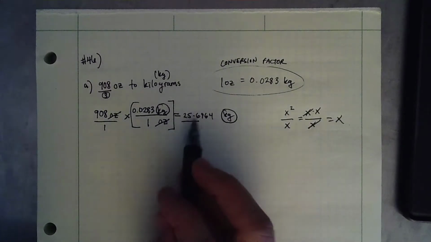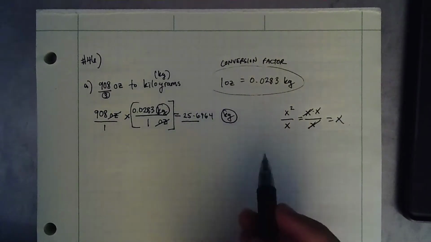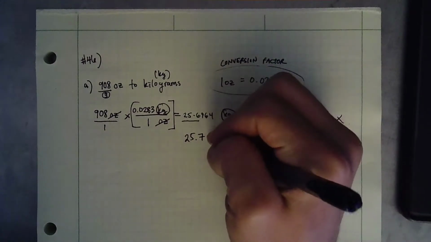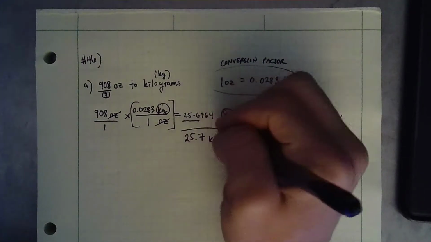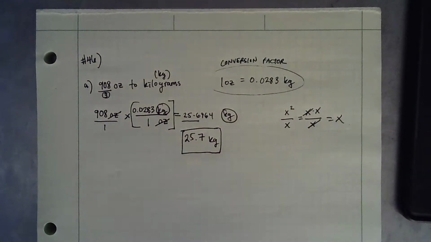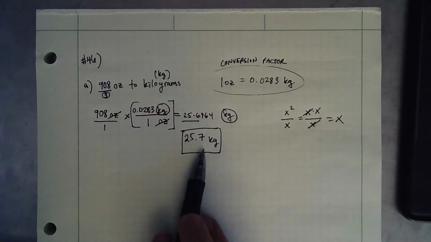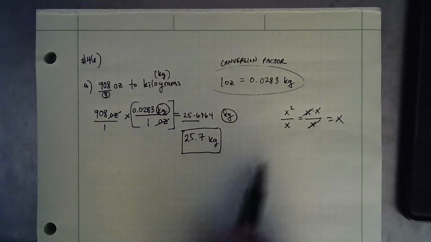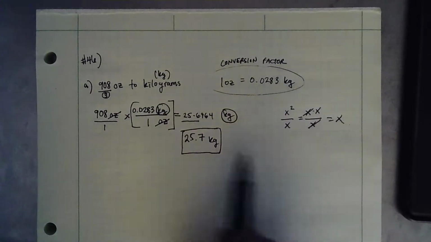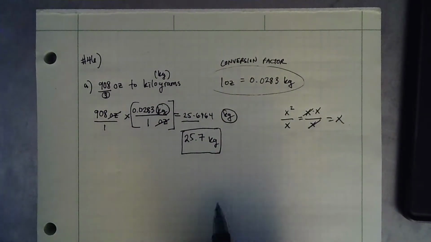So 25.6, but the 9 causes the 6 to round up to a 7, so 25.7 kilograms is my final answer. And this is what I would like you guys to do: whenever you get to a final answer, put it in a box or a circle. That way, when I'm looking at your assignment, I'm drawn towards the answer. It kind of helps clean things up a little bit.